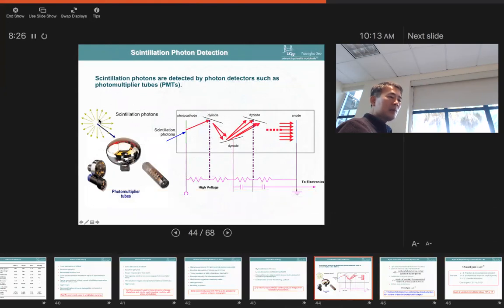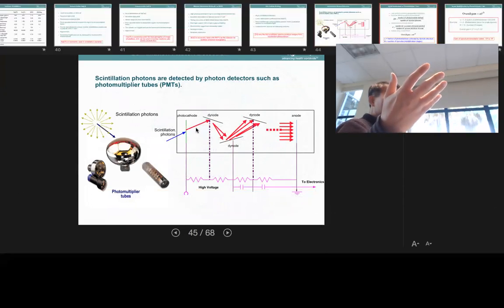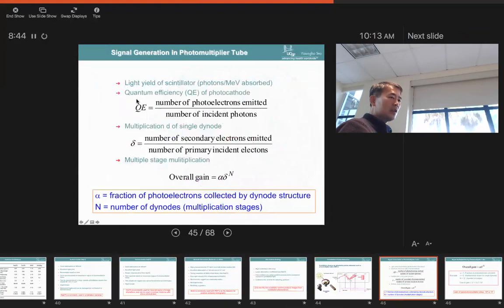Of course, there's some loss because these scintillation photons are not entirely directed to the photocathode. That's another factor. But once a photon hits the photocathode, there's a conversion from scintillation photon to photoelectron, and that conversion factor is usually known as the quantum efficiency.